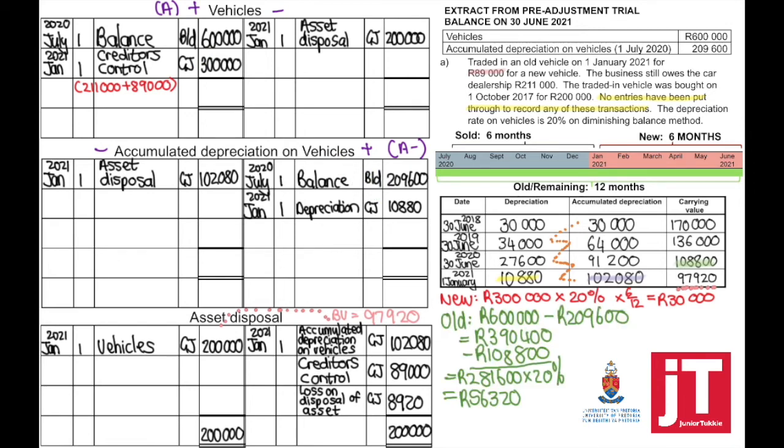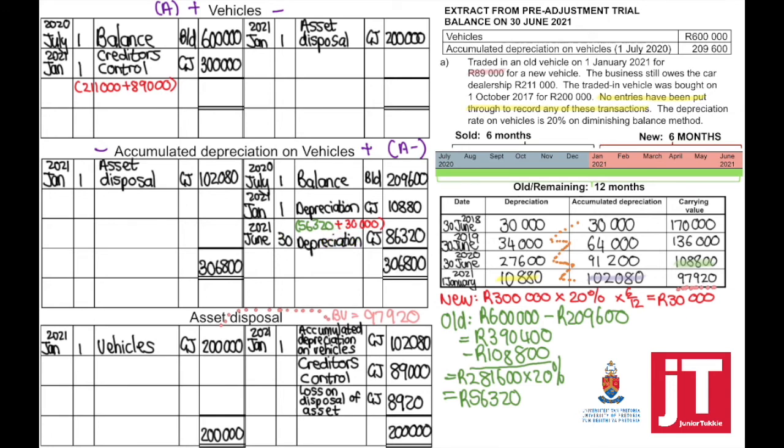Then we're going to subtract the book value on the asset which we disposed of in the beginning. And then we times it by 20%. Why do we need to subtract the asset which we disposed of? Because we've already calculated the depreciation on that, and we only had it for 6 months. My total depreciation at the end of the accounting period is the old plus the new.